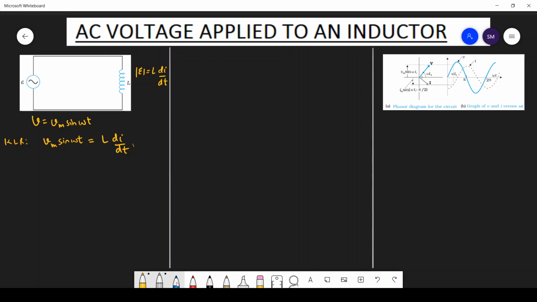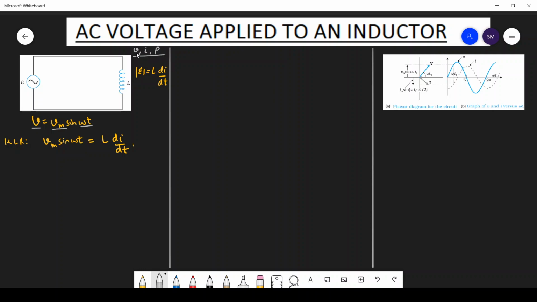Now let us see what these symbols mean. This V is the instantaneous voltage. Vm is the peak voltage, and omega t is the phase. In all these circuits we need to deal with three physical quantities, basically V, I and P, power consumed over a cycle.